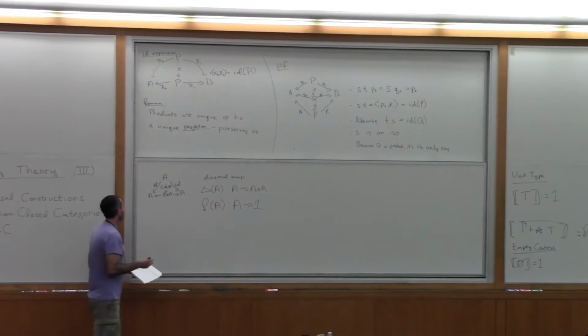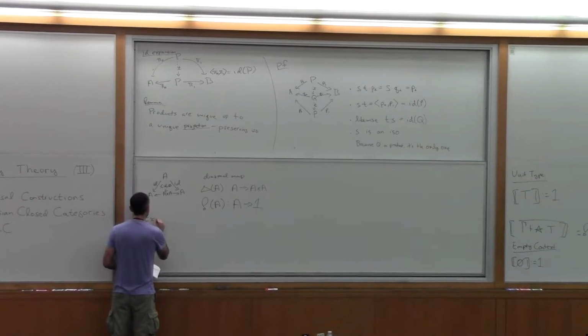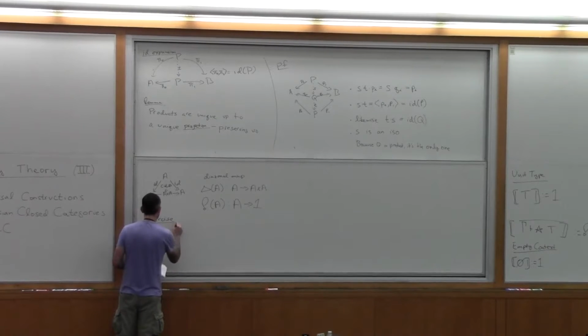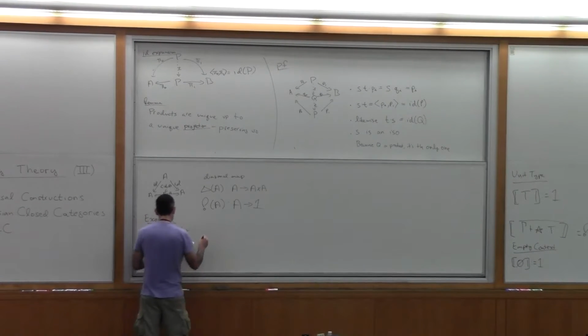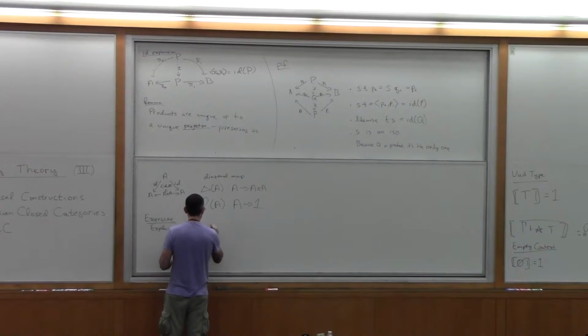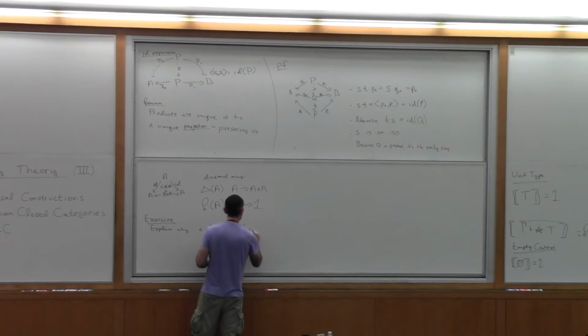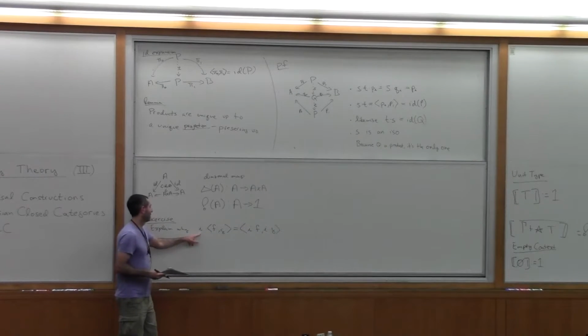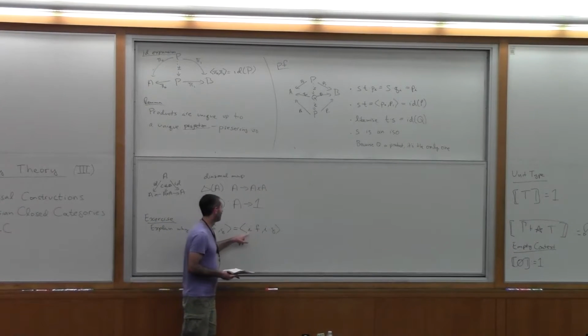Okay, so let's see. What do I want to do next? Oh, I want to give you an exercise. Explain why the following holds, and I'll draw a diagram to show you what I mean. If I have an arrow and I compose it with a tuple map, then it's the same thing as if I compose the arrow with each branch of the tuple.